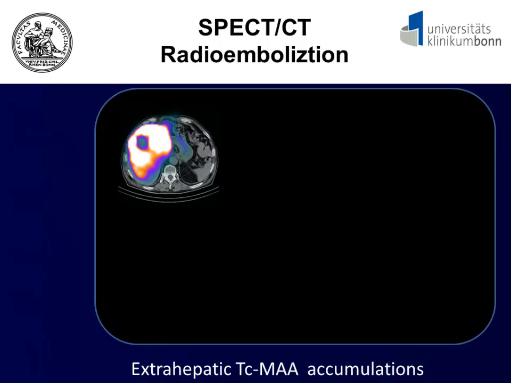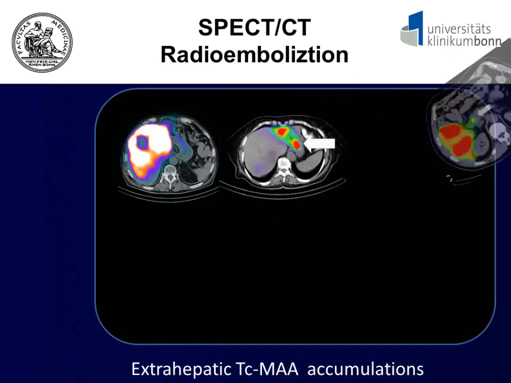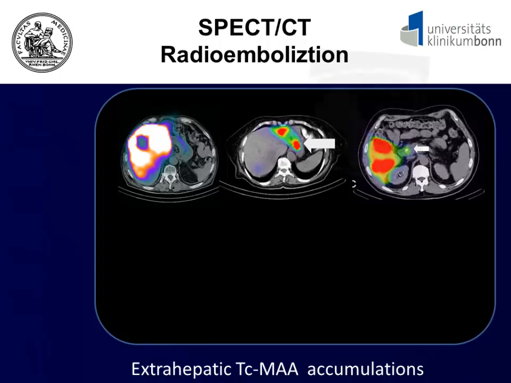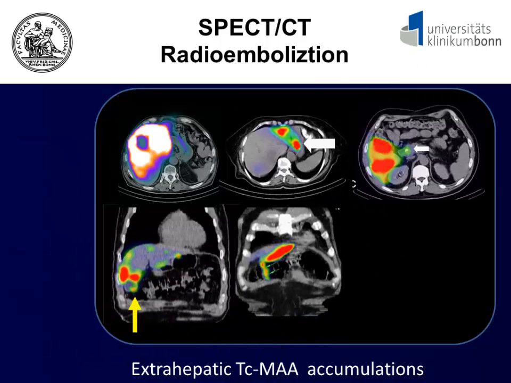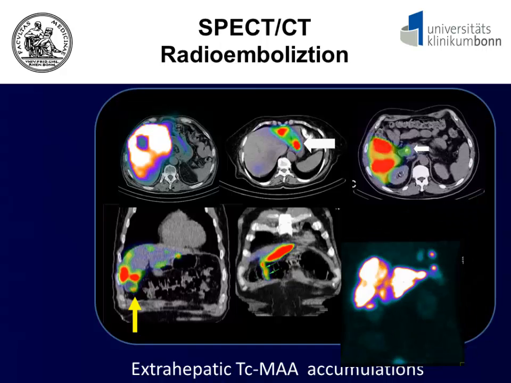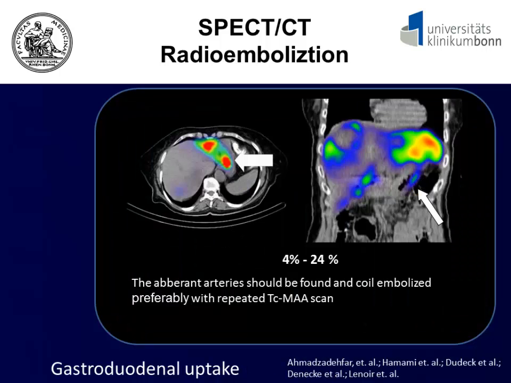Which types of extrahepatic accumulation can you find with SPECT CT? You can find extrahepatic accumulation in the gastroduodenal region, like here, in the coil region, the gallbladder, in the region of the falciform artery, and sometimes in the lung. Some of them are very important, and you have to find them.